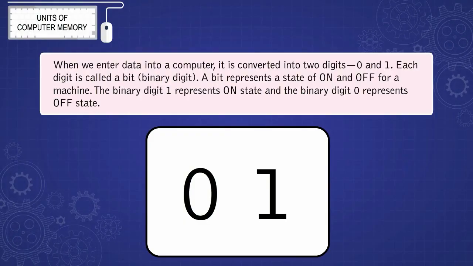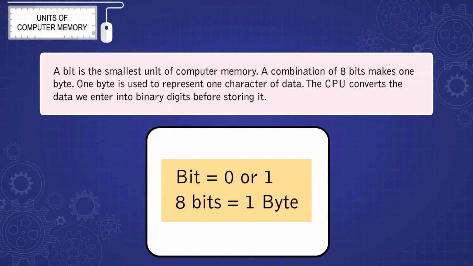The binary digit 1 represents on state and the binary digit 0 represents off state. A bit is the smallest unit of computer memory. A combination of 8 bits makes 1 byte. 1 byte is used to represent 1 character of data. The CPU converts the data we enter into binary digits before storing it.